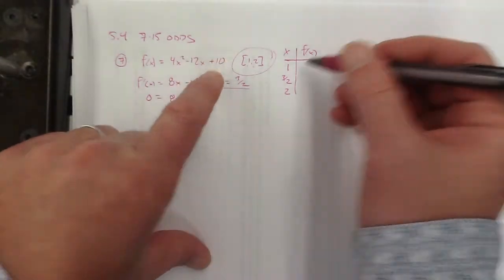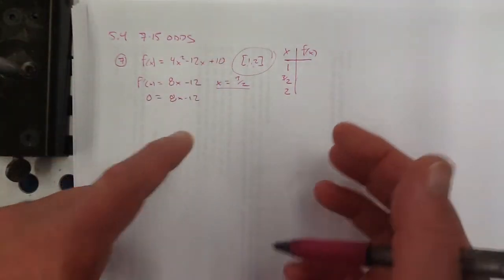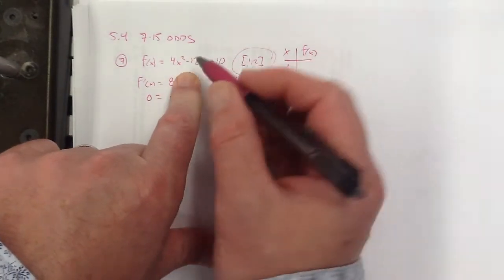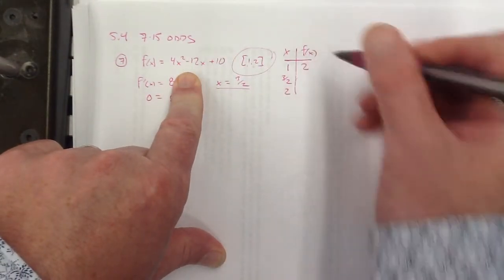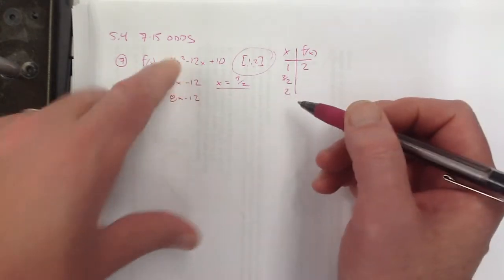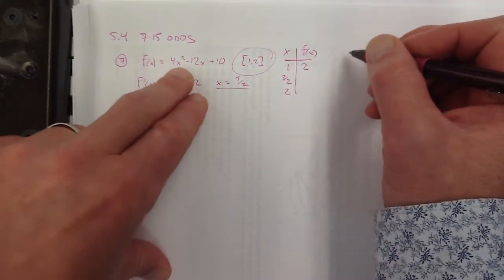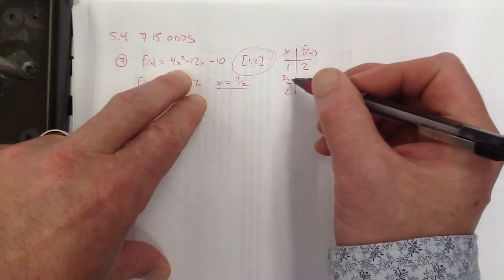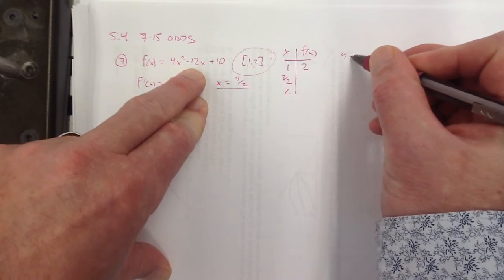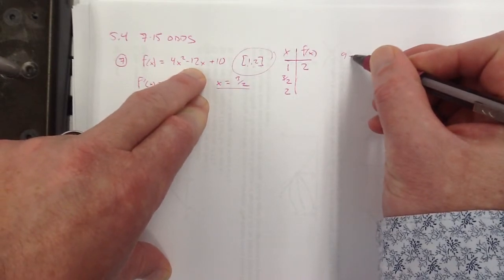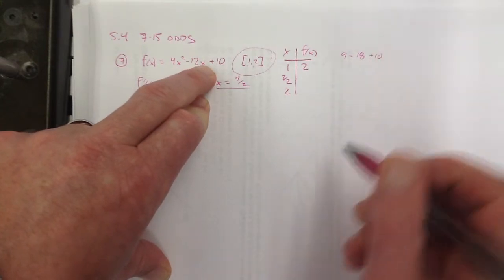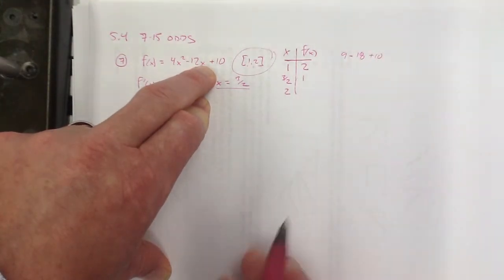All right, so now what are we doing? What does it mean to check? It means to plug these x values back into the original function. So that's 2 and 3/2. Okay, well, I guess I'm going to do this without a calculator. So let's see, that's 9/4 times 4 is 9 minus 12, 6 minus 18 plus 10. I think I handled that okay.